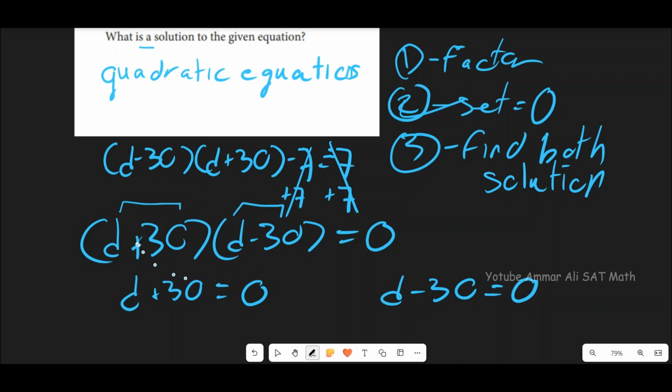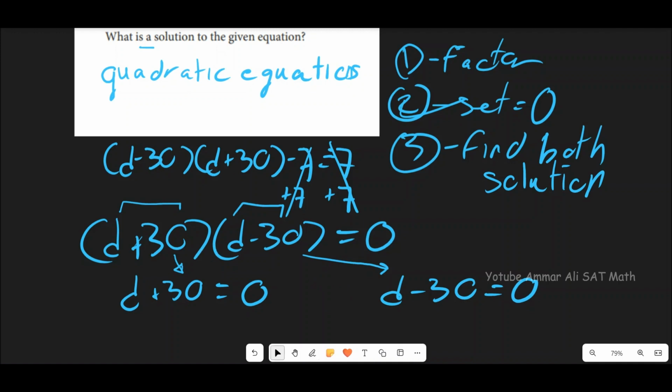Maybe I'll do another video going into more depth on why that is, but for now, when you're taking the SAT, just remember that when you get to this form for a quadratic equation, you must split it up into two different equations equal to 0 and then solve for the variable.